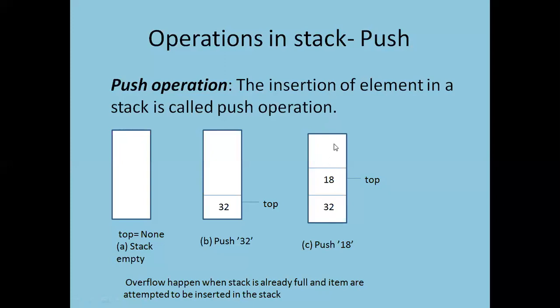If the size of my array is 4, then it's already full. And if I try to insert another element in my stack, then an error will happen saying that your stack is overflow. If it's a predefined list, then it is not possible to add any more, and that particular condition we call overflow.